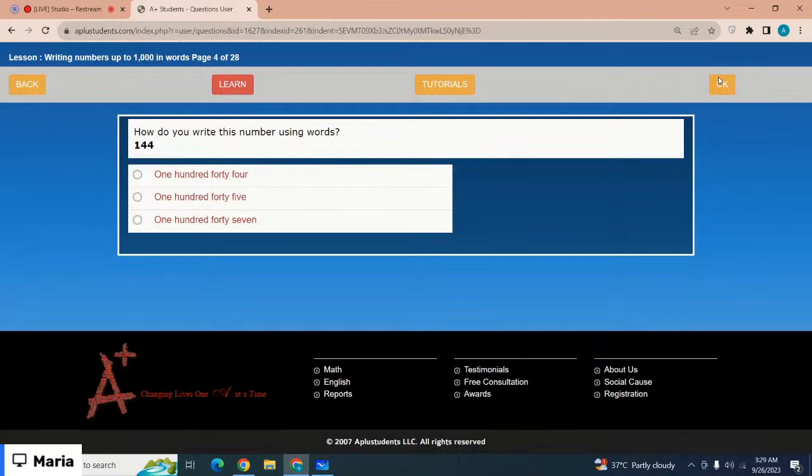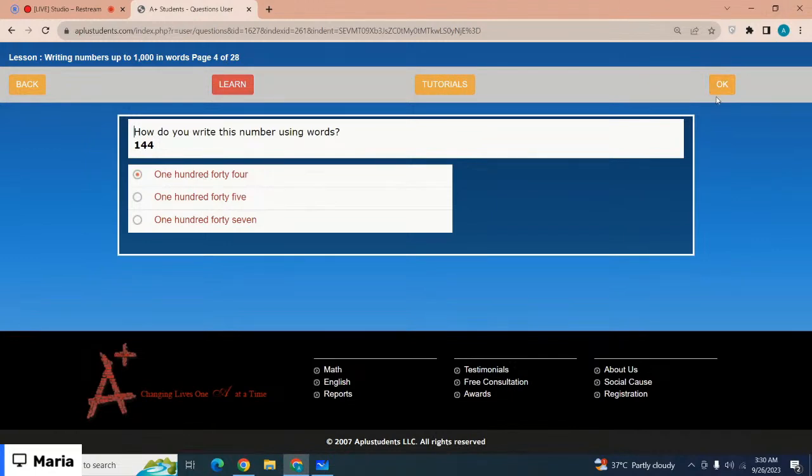How do you write this number using words? Which is the correct option? That is 144.